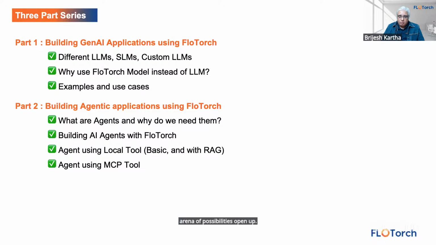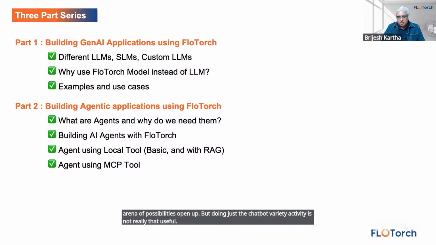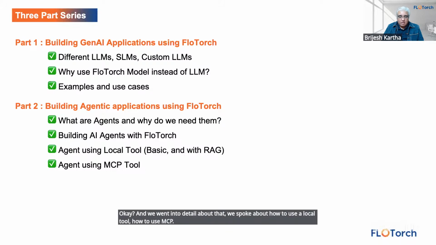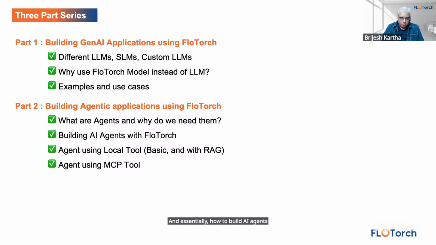But doing just the chatbot variety activity is not really that useful. Agents are the ones which now come in and are able to do autonomous activity, decision making, and utilize the LLM brain, but provide a functionality around it. And we went into detail about that. We spoke about how to use a local tool, how to use MCP, and essentially how to build AI agents and use it with FloTorch.